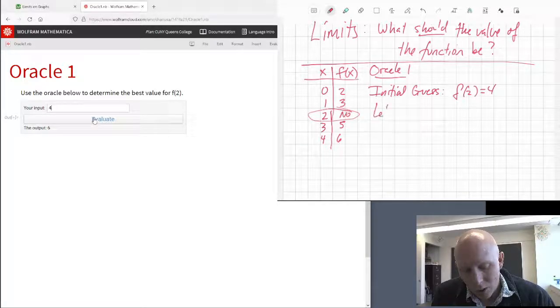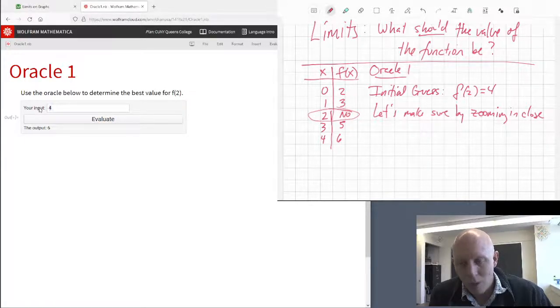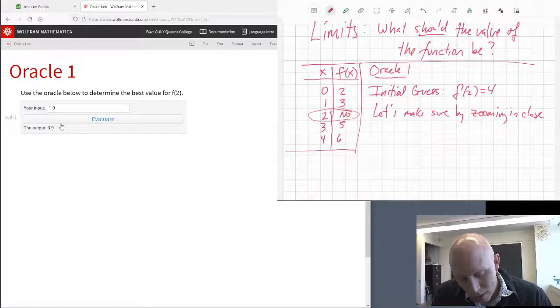But let's make sure by zooming in really close. Let's try values like 1.9. Let's create a new table here, the closer table, x and f of x.